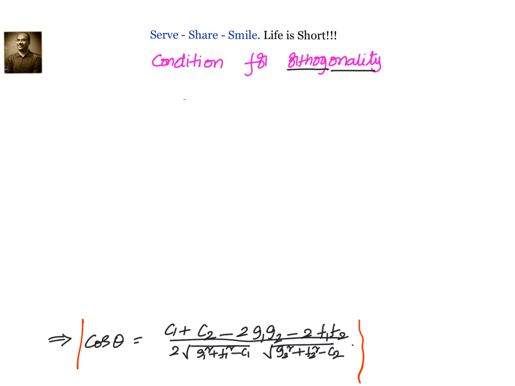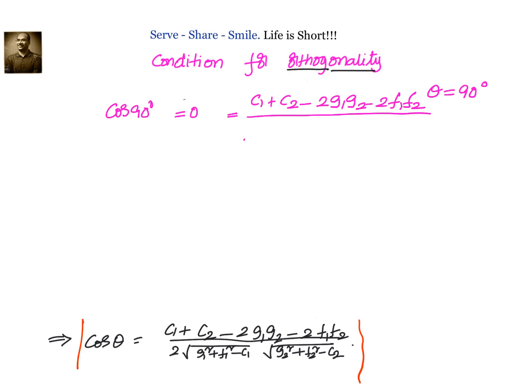Now what happens when theta is 90 degrees? When theta is 90 degrees, cos 90 is equals to 0 and 0 is equals to c1 plus c2 minus 2g1 g2 minus 2 f1 f2 divided by square root of g1 square plus f1 square minus c1. Multiply that with g2 square plus f2 square minus c2.